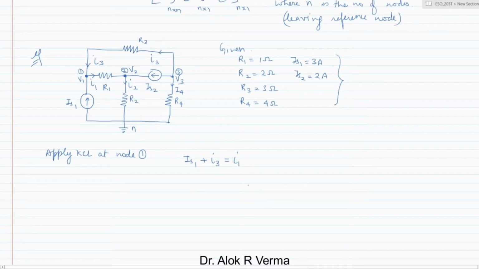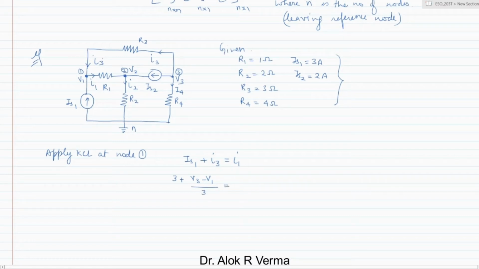So we can write the equations. This is 3 plus I3, where I3 is V3 minus V1 by R3, which is 3 ohm.